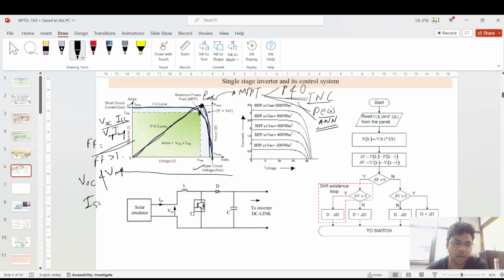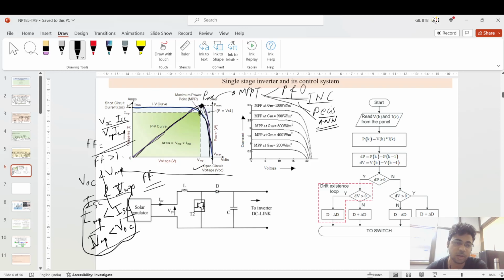The second point is the relation between VOC and VMP, and ISC and IMP. IMP is less than ISC in the situation which we have, and VMP is less than VOC. This is the property, because you cannot utilize 100% of the converters due to certain time lag and the efficiency of the converter.